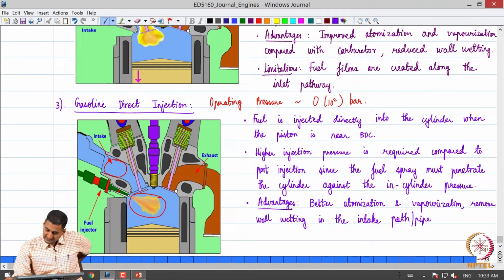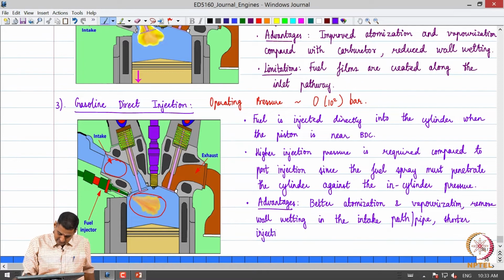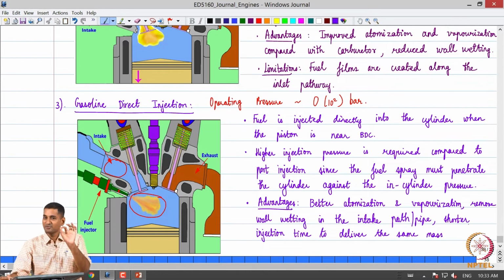We can also have a shorter injection duration to deliver the same mass of fuel, because with higher injection pressures the mass flow rate is more. In order to deliver the same mass, you can have a shorter injection time. So, those are advantages.